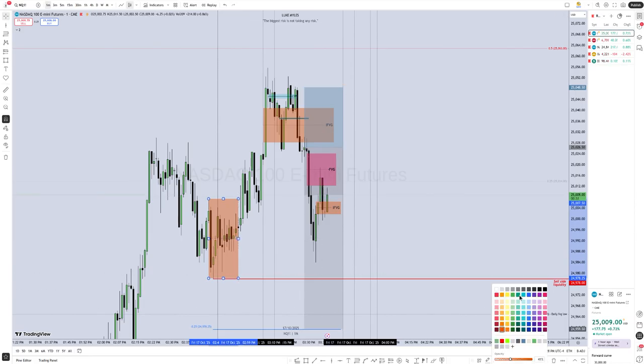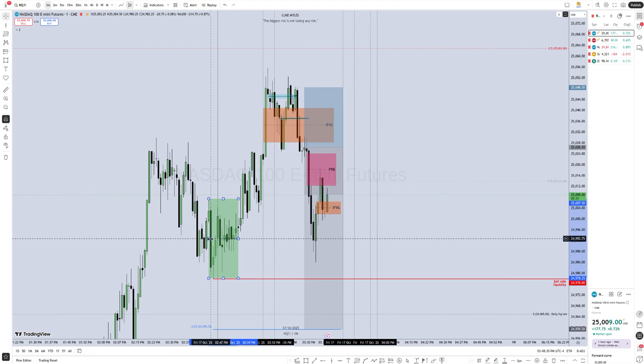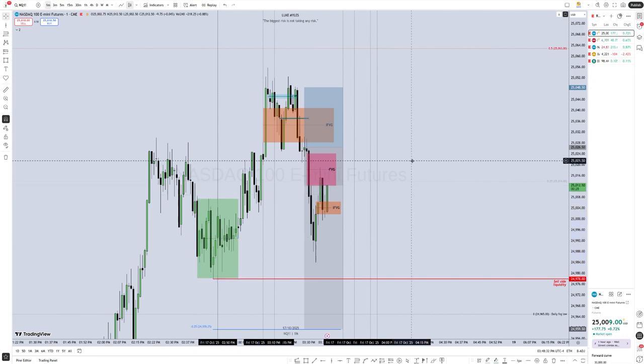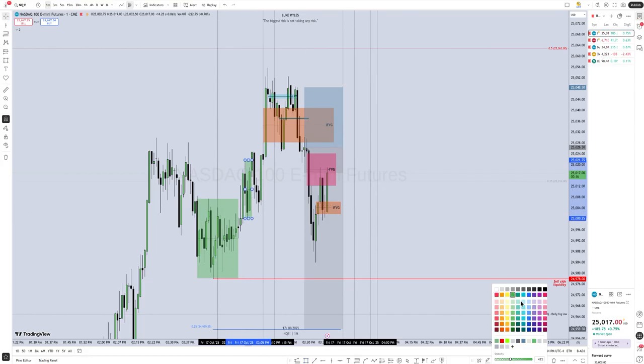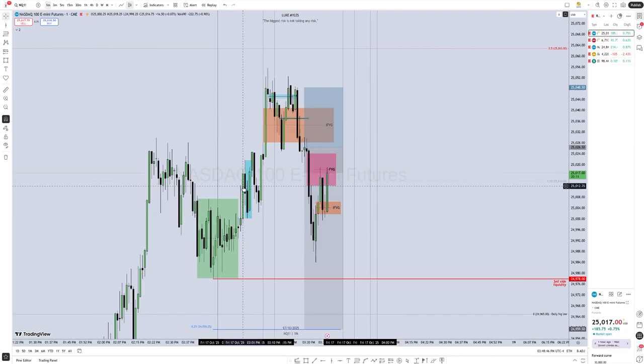I have this as my original consolidation right there, and I have a retest into that, just there.